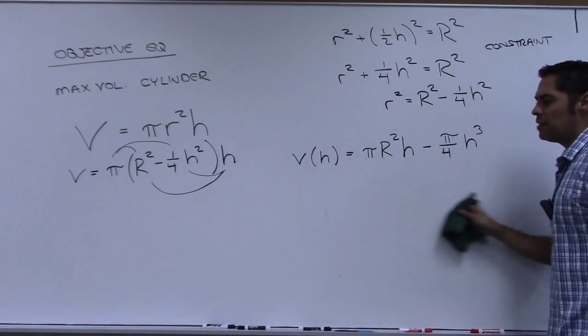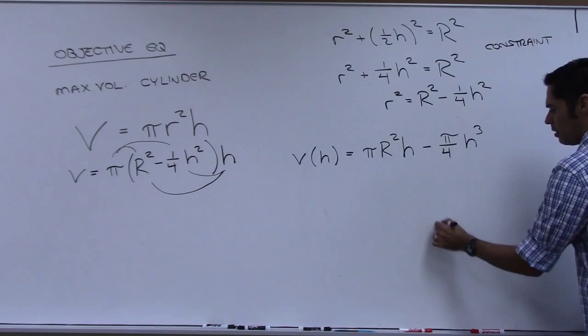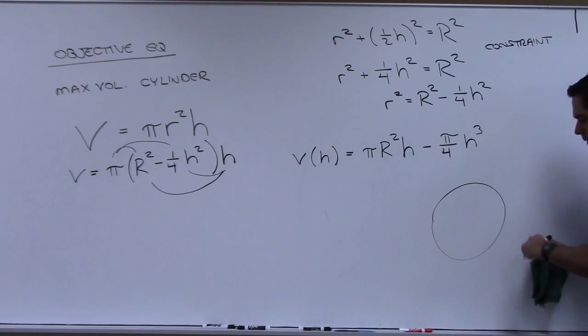So now I need to see if there's a restriction on h. Is there? Go back to your picture. What's the smallest h could be? 0, right? What's the biggest h could be? You don't want to bust out of the sphere, right? So go back to your picture. Go to that cross-section picture.